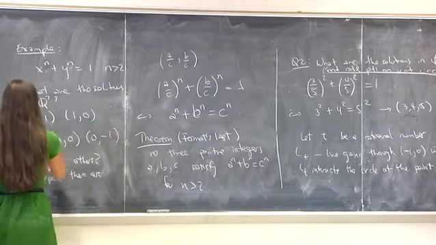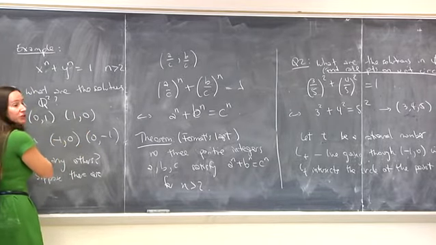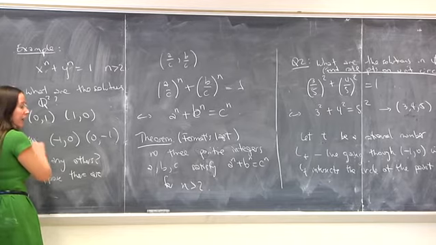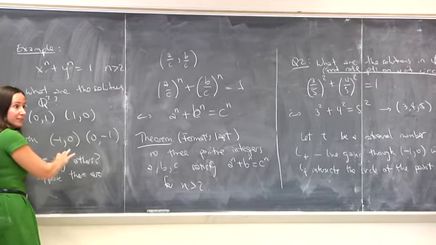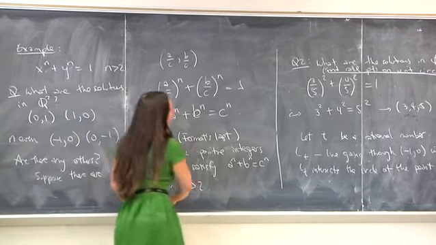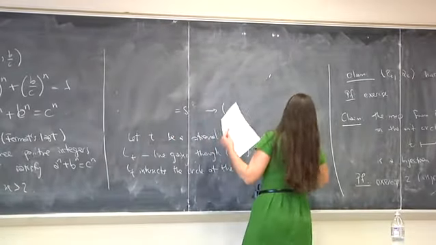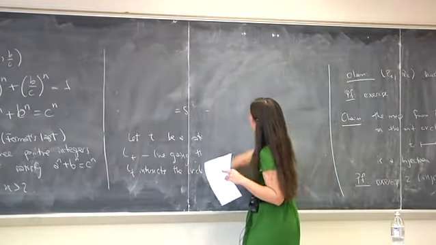So other than these trivial ones, which we know are, these two we know are solutions, right? And these two may be solutions, but that's it. And so there's not enough room in this board. I'm kidding. But I'm definitely not going to prove this theorem for obvious reasons.